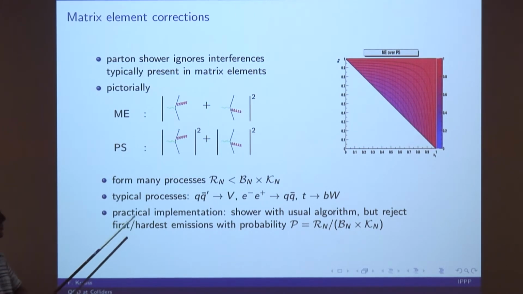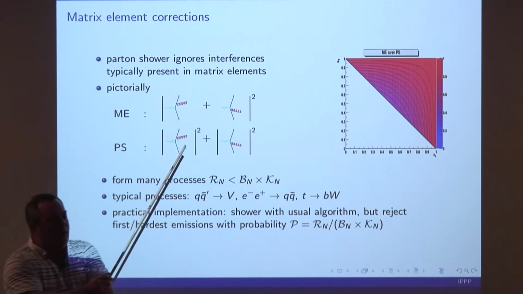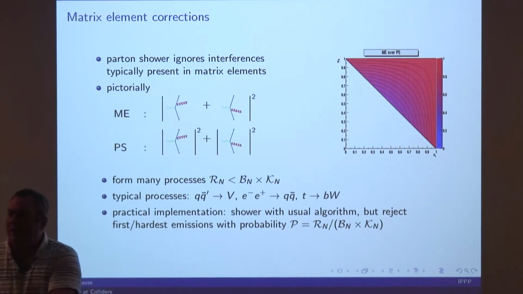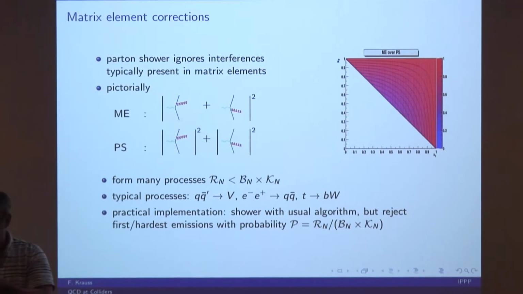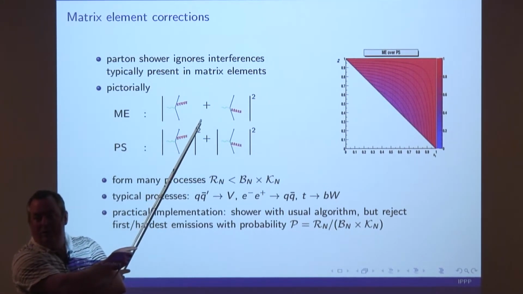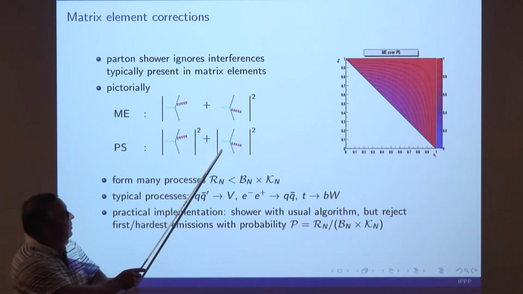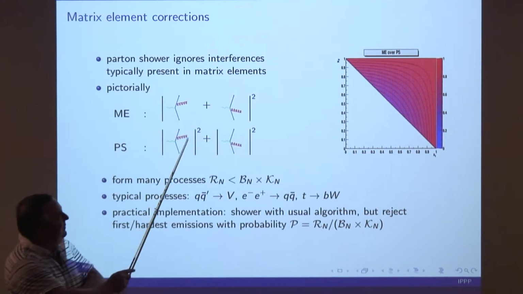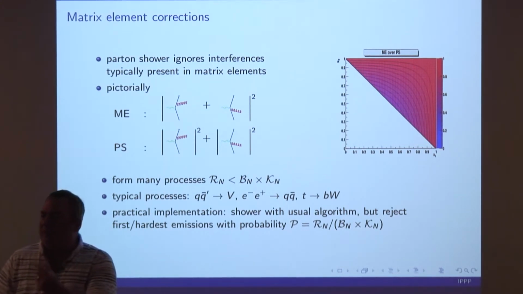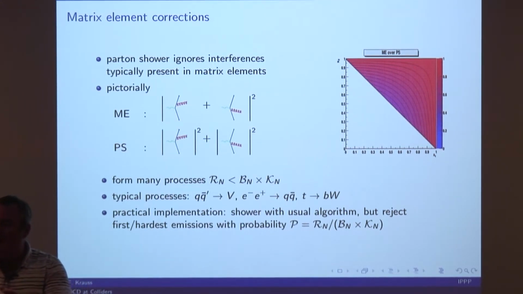Basically the question is, what is the difference between taking the two diagrams and adding them before squaring them, which is what you would do in the full calculation, with respect to the parton shower, where I take the diagrams in a certain limit and square them before adding? So what is the difference between a coherent and incoherent sum?